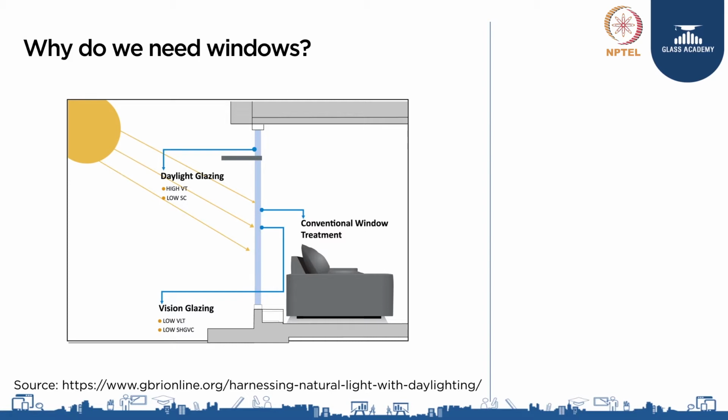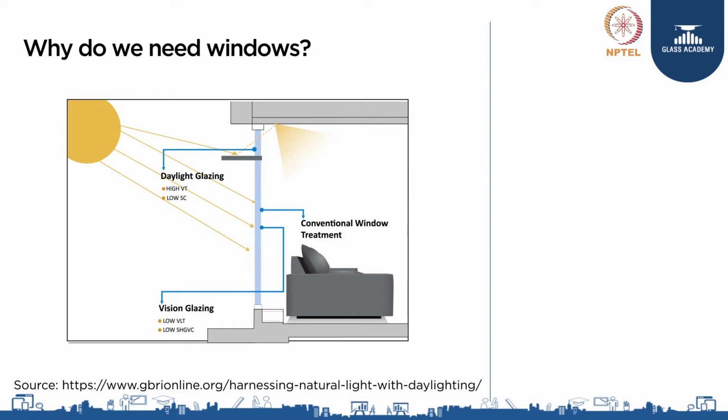The daylight glazing can have higher visual transmittance because it will probably not give us glare as compared to the vision glazing, and it can bring daylight which will go deeper into the space. So the difference between the two glazings would be that the vision glazing would have a little low visual light transmittance, a good glare control mechanism and low solar heat gain coefficient.